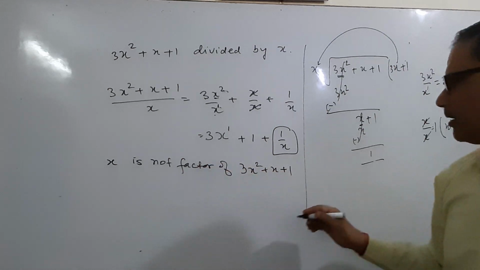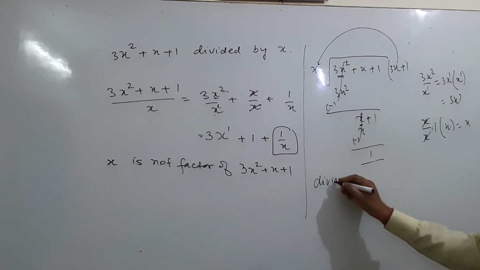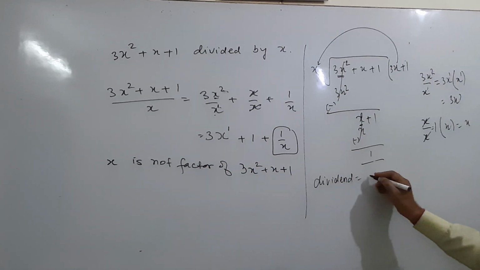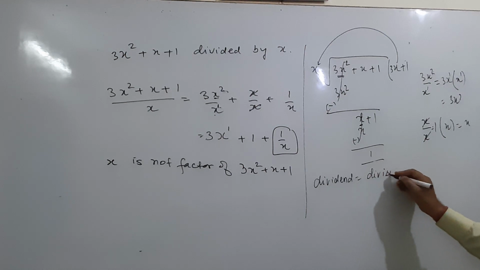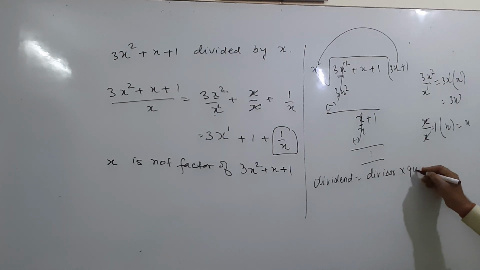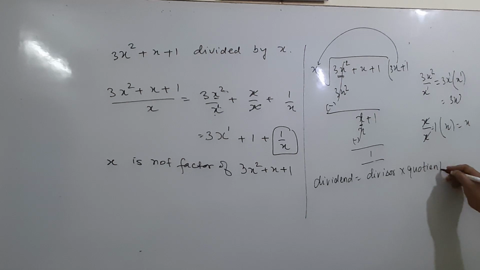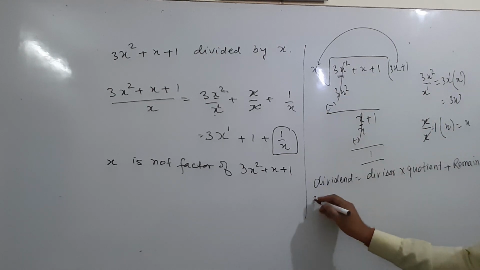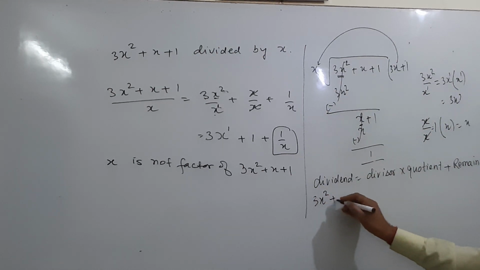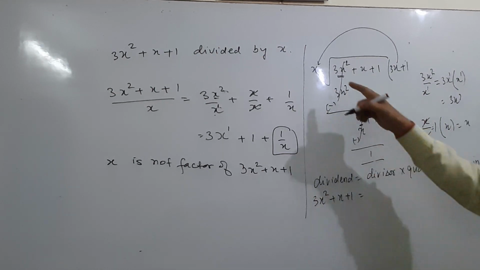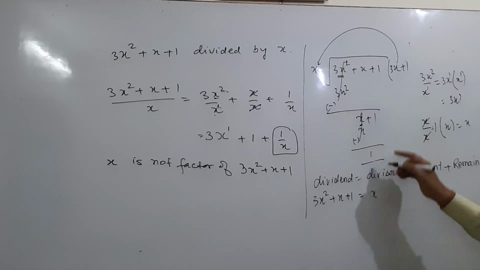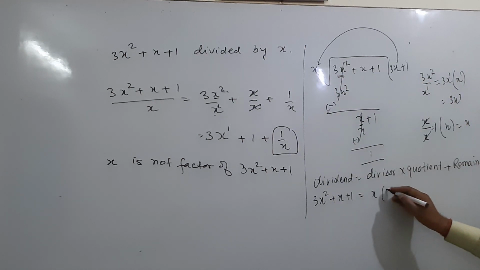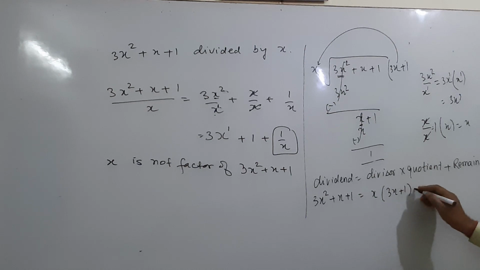Then according to this formula, dividend is equal to divisor multiplied by quotient plus remainder. What is dividend? 3x square plus x plus 1 is equal to, here is divisor x, here is quotient 3x plus 1, plus remainder 1.